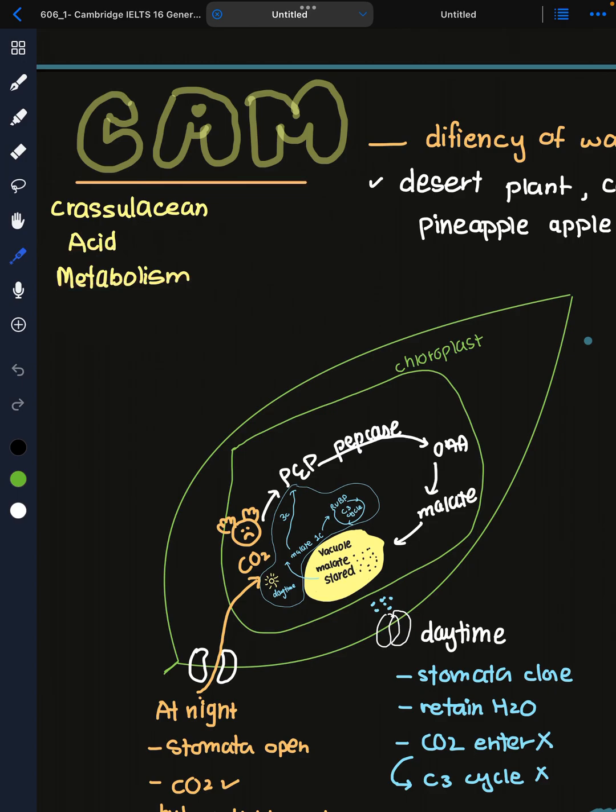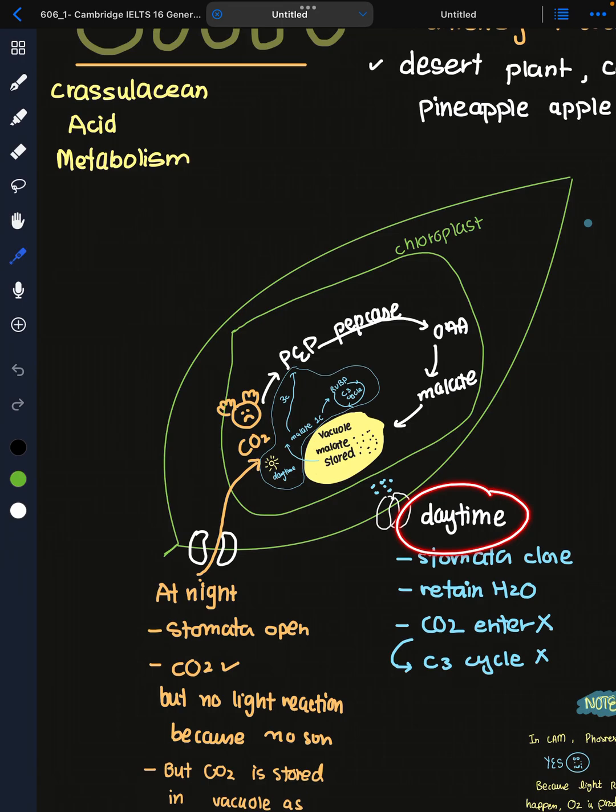What actually happens is, during the daytime, the CAM plants, or the desert plants, close their stomata to avoid the loss of water.